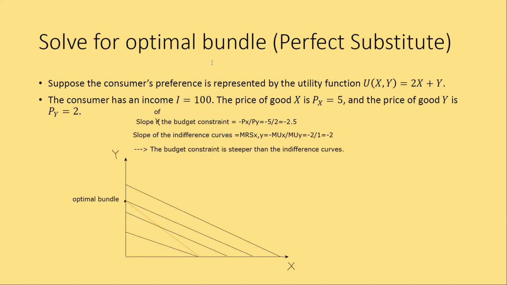And well, let's mark a few points that are going to be relevant. So we want to mark every intercept of our curves with the axis. The budget constraint is 5x plus 2y equals 100. This is our budget constraint.